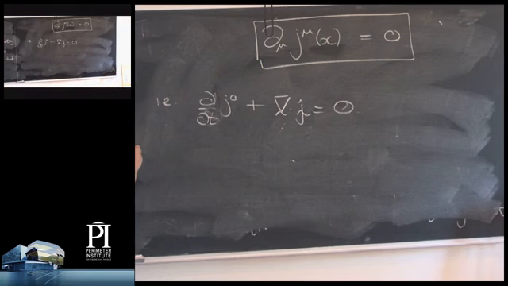Okay, so let me just walk you through some of the consequences of this kind of current equation. The first thing to say is that if we have an equation like this, we do have a conserved quantity. So a conserved current implies the existence of a conserved quantity, which is usually called a charge.